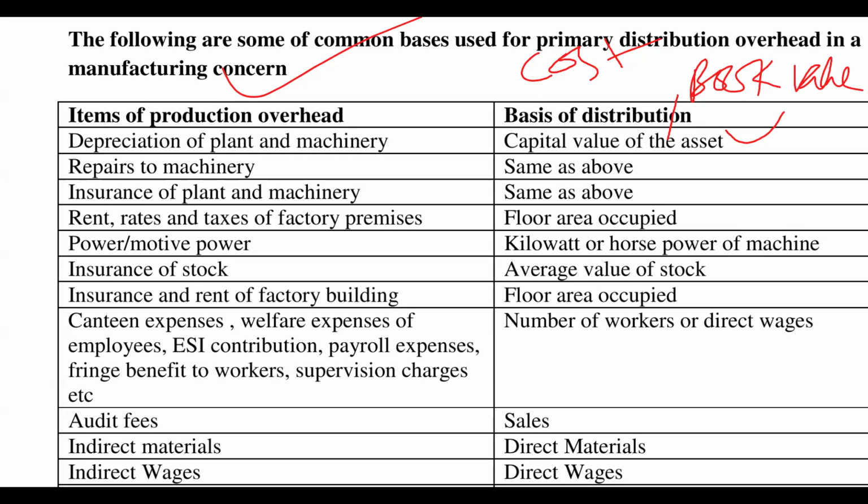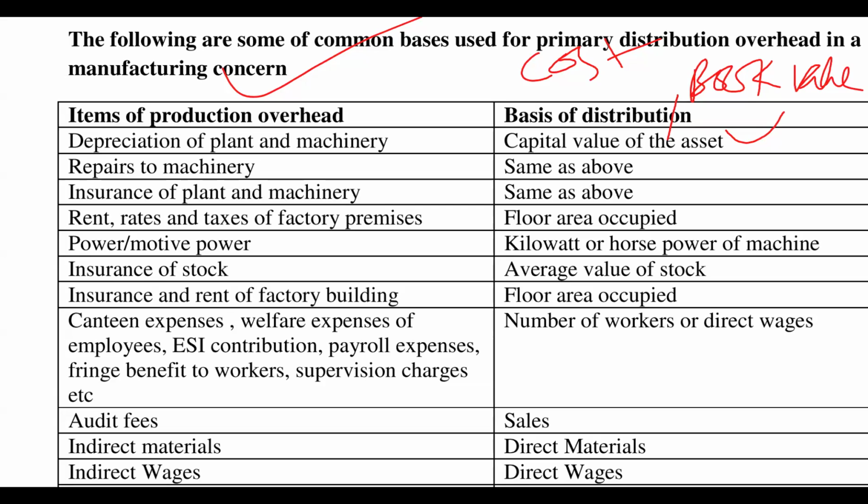If you look at the plant, when you're given those bases, you have to check if you are to allocate the cost of depreciation of a plant, and among the bases of apportionment you have the cost of the plant, please use that one.